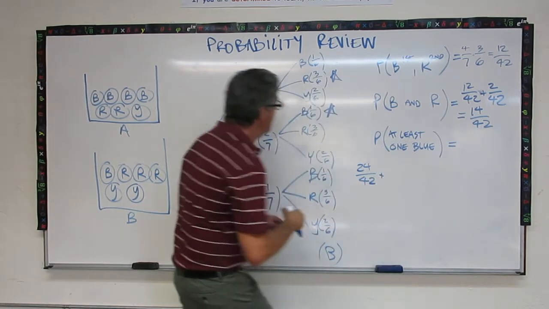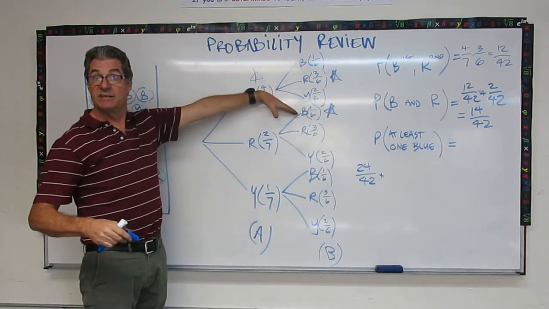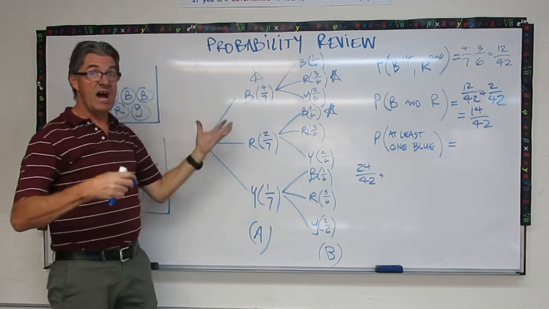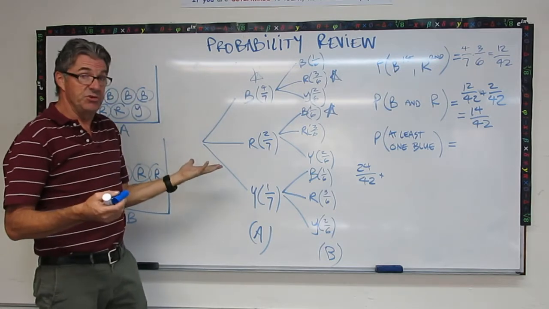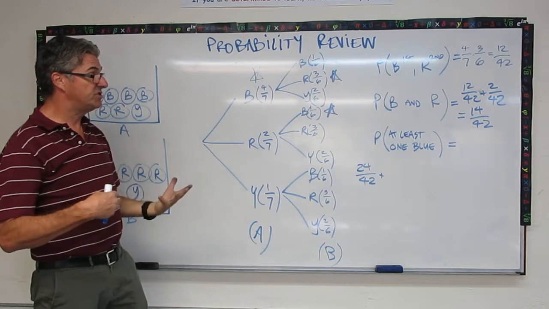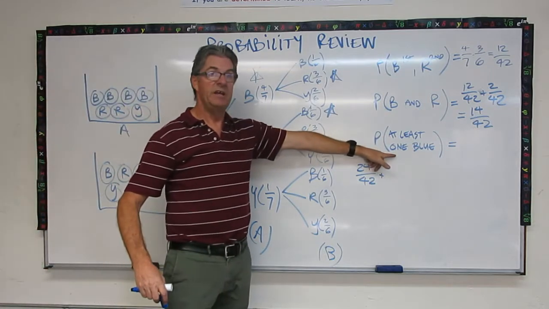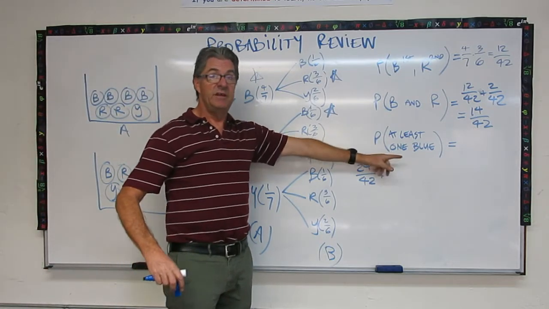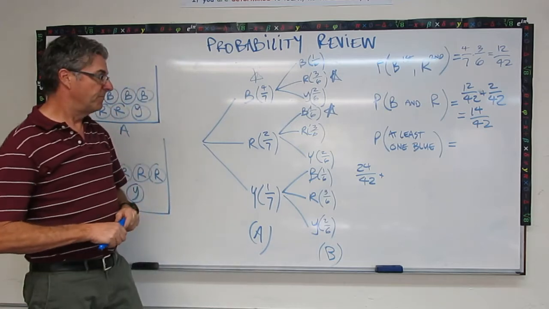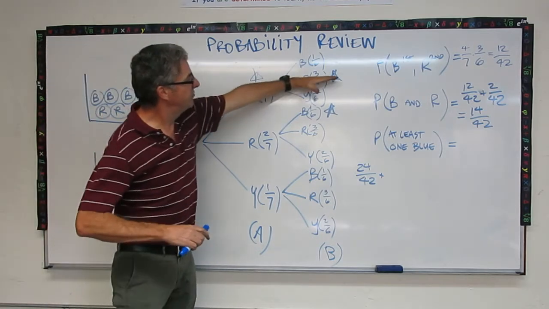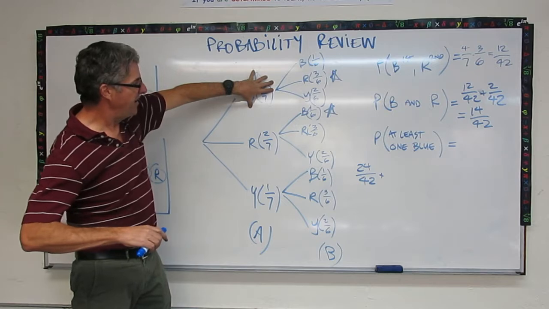It doesn't matter what happens next, because whatever we get, we've got at least 1 blue. We can get 2, and that's not a problem. We're allowed to, because it says at least 1. If it said exactly 1, then we'd have to do some more math here, but we don't. So that's our first branch, right here, actually stopping right there.